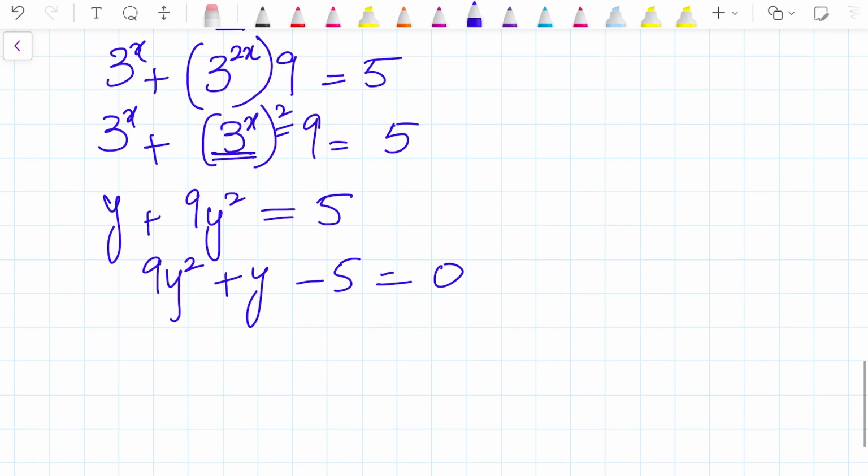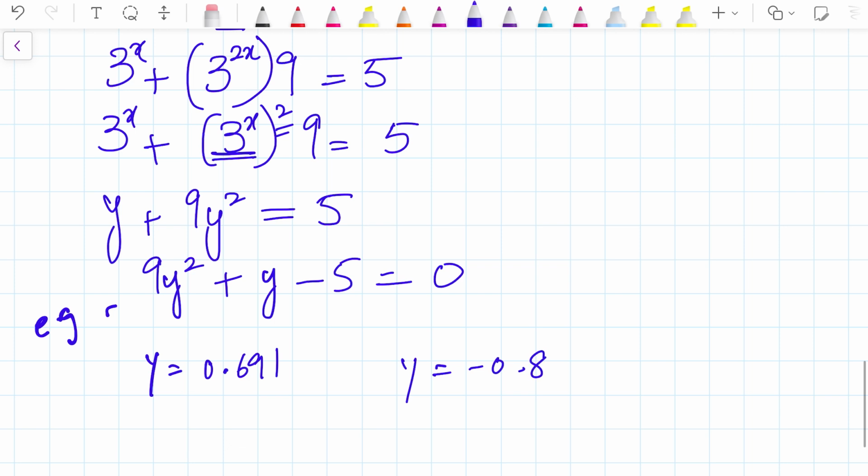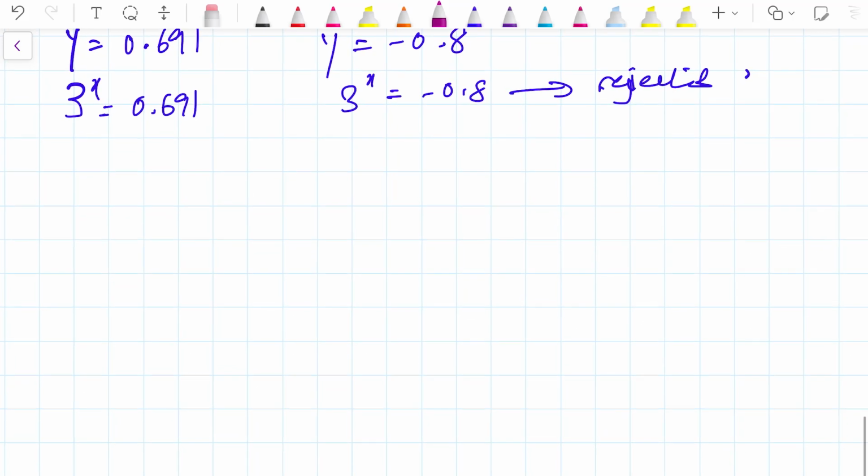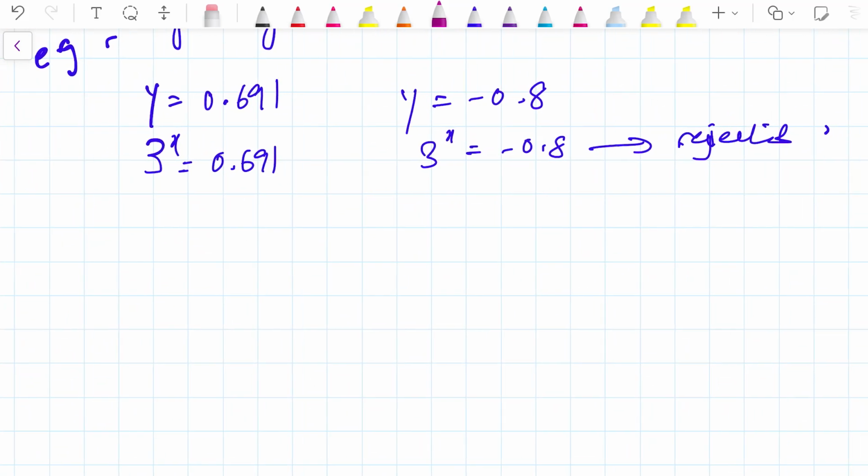And then, we will find the answers. I found the answers: y is 0.691, and the other value of y comes minus 0.8. What is y? y is 3 to the power x. A negative will be rejected. And what will we do with the positive value? We will apply log on both the sides.